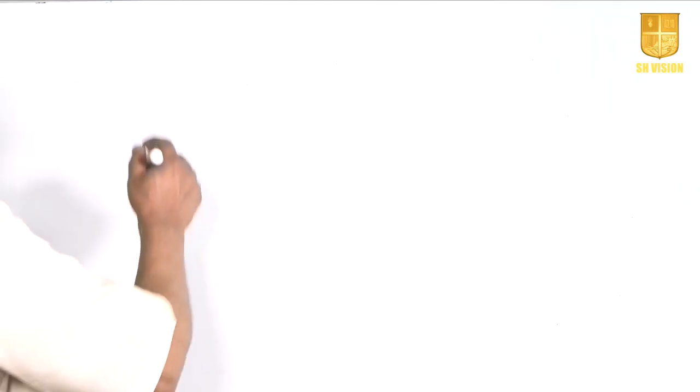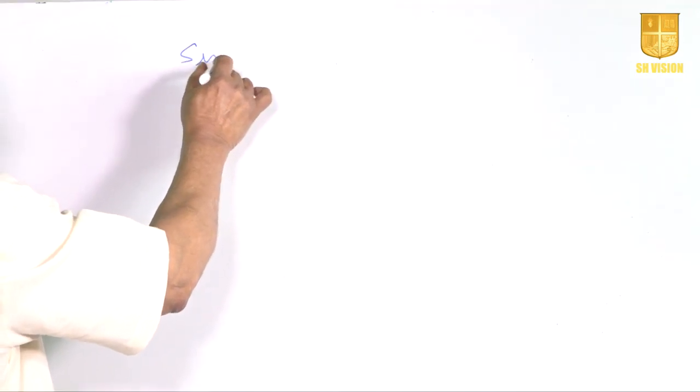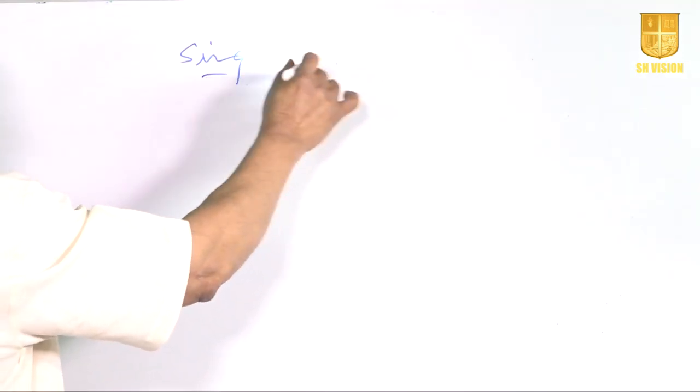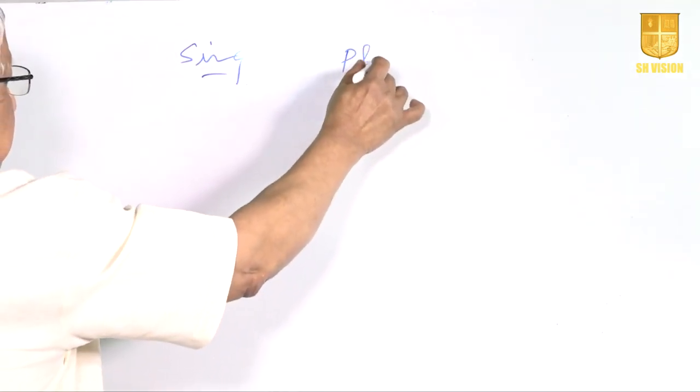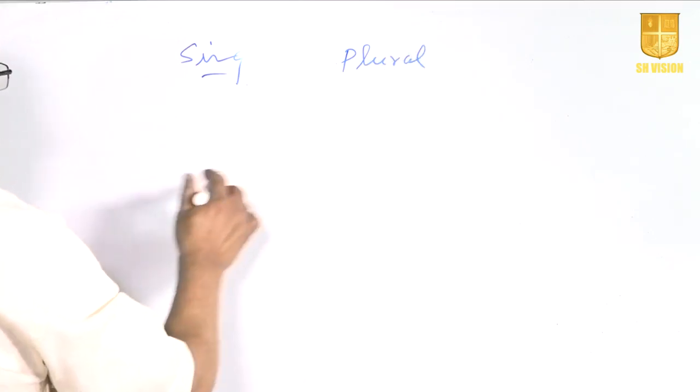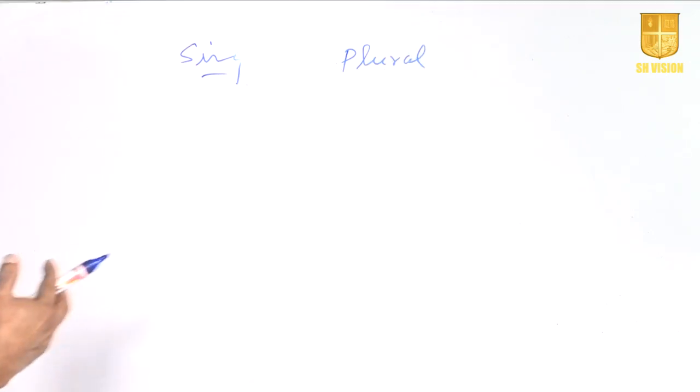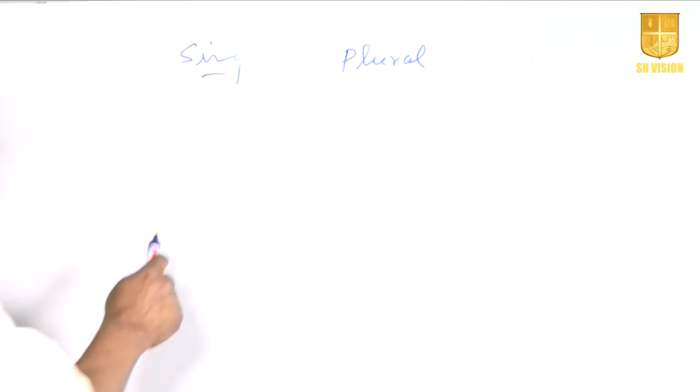There are a few pronouns. The personal pronoun is necessary to conjugate the verb. What are the personal pronouns? The personal pronoun is I, you, etc.